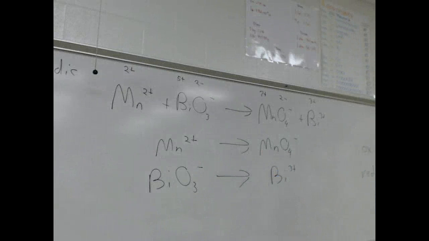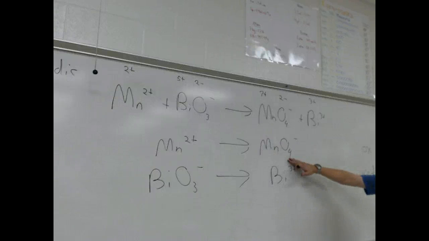Step 1, separate half reactions. Yay, we did step 1. Step 2, in each half reaction, balance all elements except for oxygen and hydrogen. Done. They're all ones. Step 3, balance oxygen by adding water.